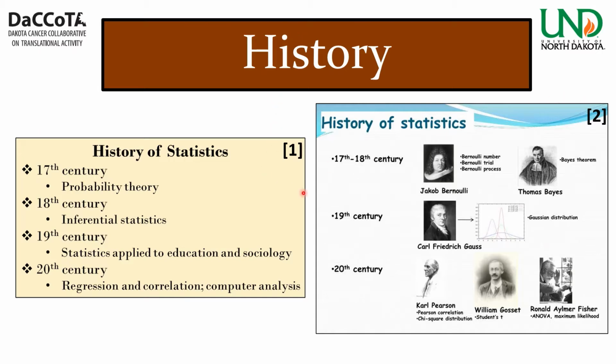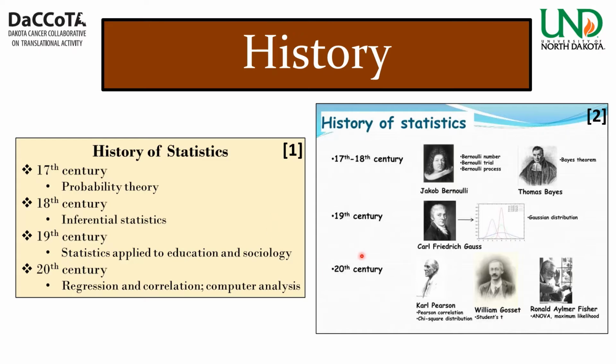To get into that, the 17th and 18th century was more theoretical, dealing with probability theory and inferential statistics, outlined preliminarily by Bernoulli and Bayes, with Bayes' theorem and various Bernoulli trials and processes. Then in the 19th century, statistics became increasingly applied to things like education, sociology, and then the hard sciences, especially biology.